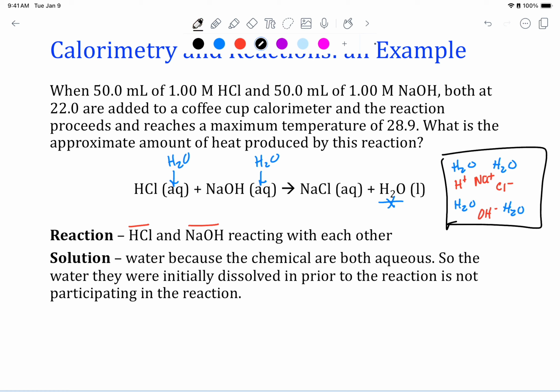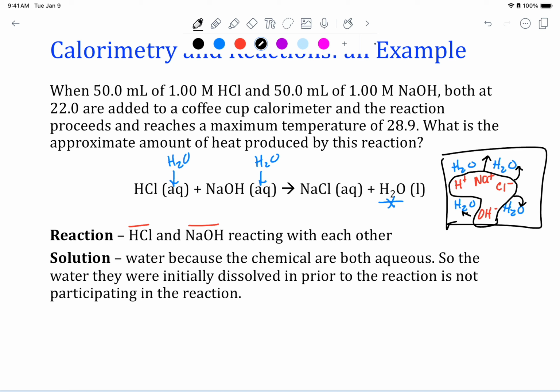So here my reaction, I'm going to try to highlight this, my reaction is simply the Na plus, the OH minus, the H plus, and the Cl minus. It's those ions reacting with each other, and they are transferring energy out into the waters.